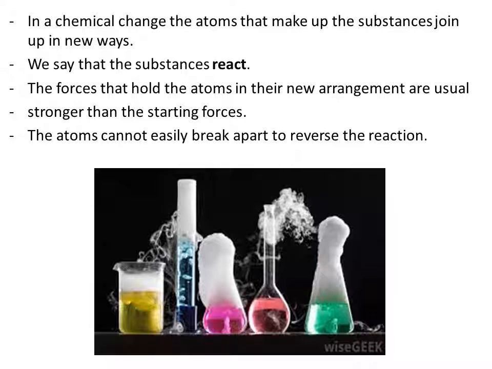The atoms cannot easily break apart to reverse the reaction. Right, grade 5, we cannot bring it back. So this is about permanent change. Permanent is usually chemical change, and reversible ones are usually physical changes.